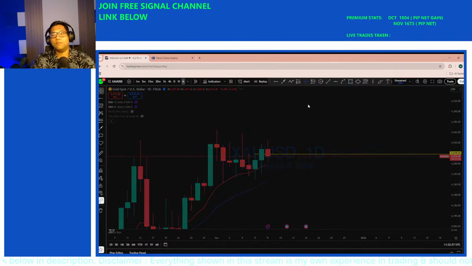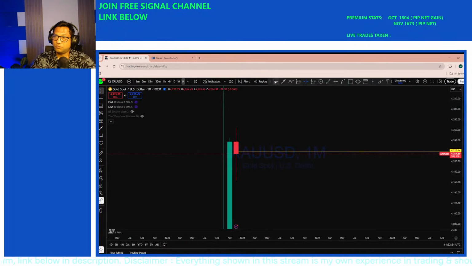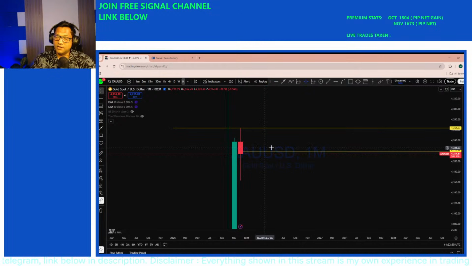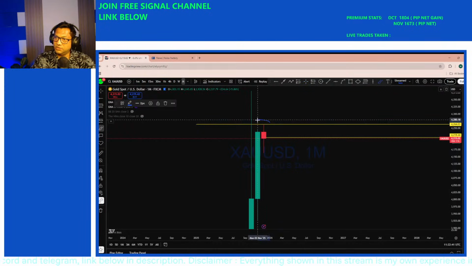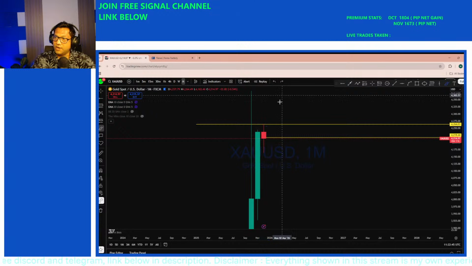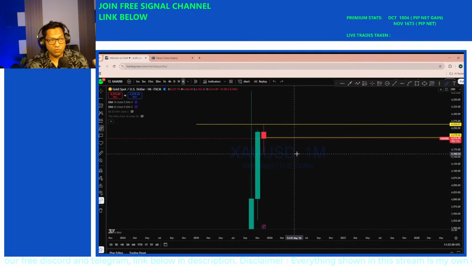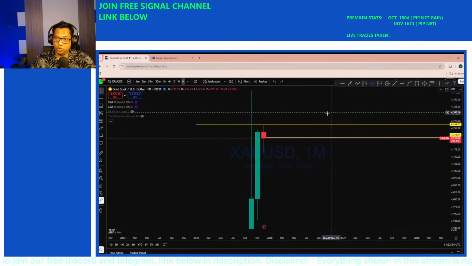So looking at monthly, all right, this is the monthly price action, and in that monthly price action, what we can see is a resistance line here. Okay, so if you look at that resistance, I'm just looking at the multiple time frames, and then we will also be looking at the lower time frame.